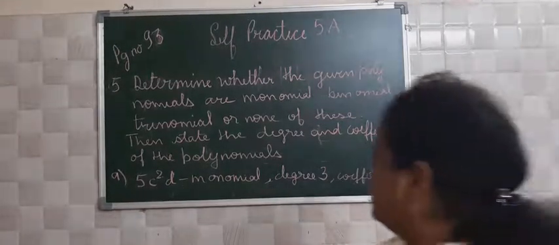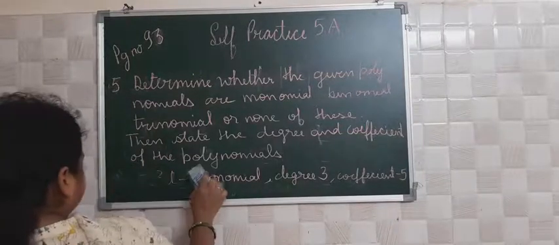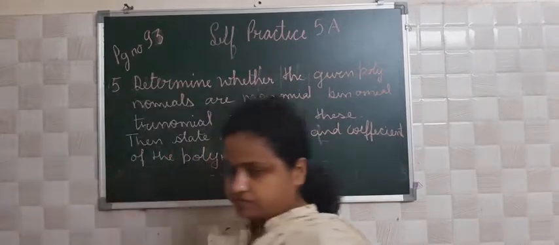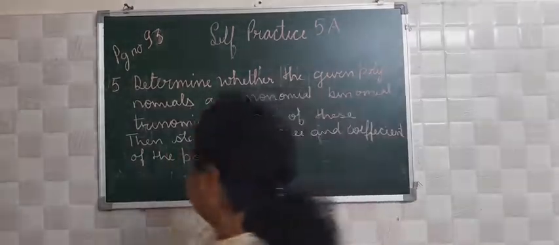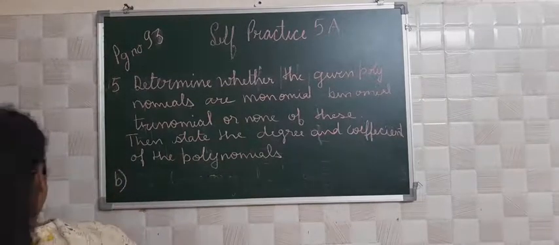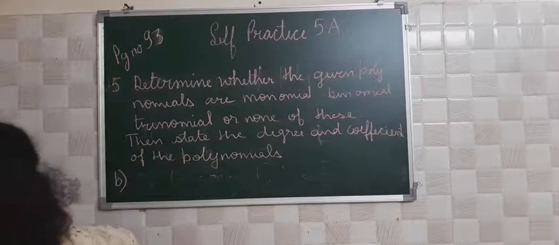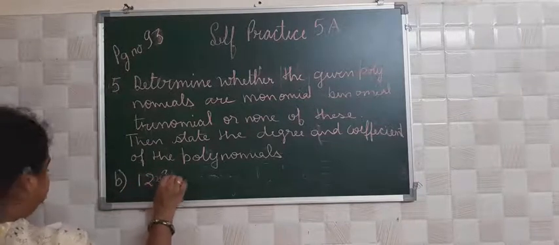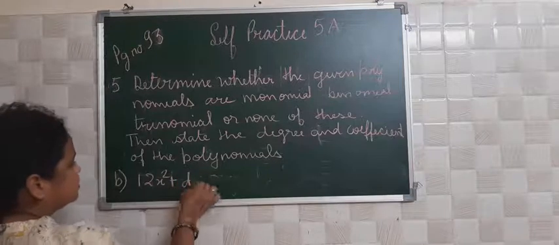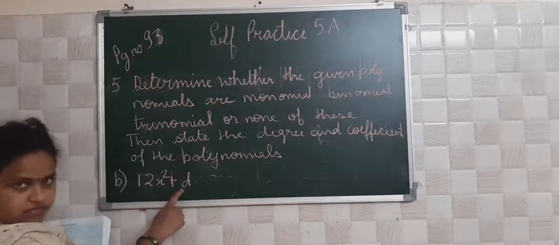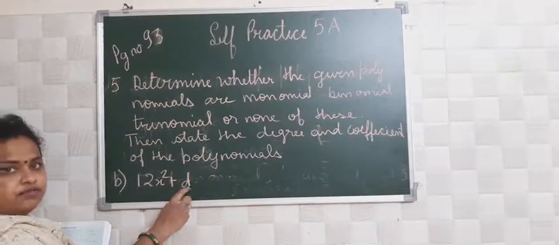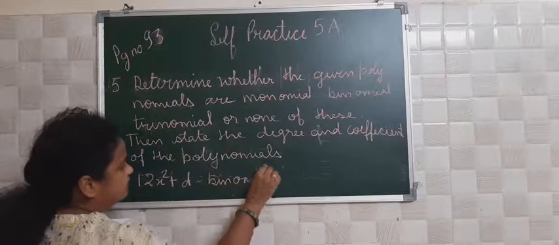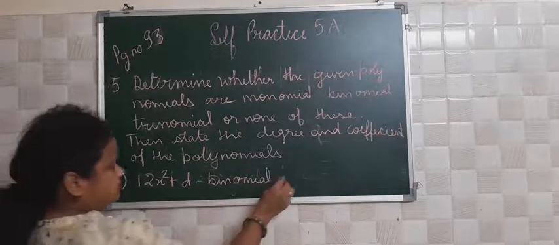Now see B part of it. In B part, what is the equation? 12x square plus d. So what is it? It has two terms, so it will be binomial. And what will be its degree?